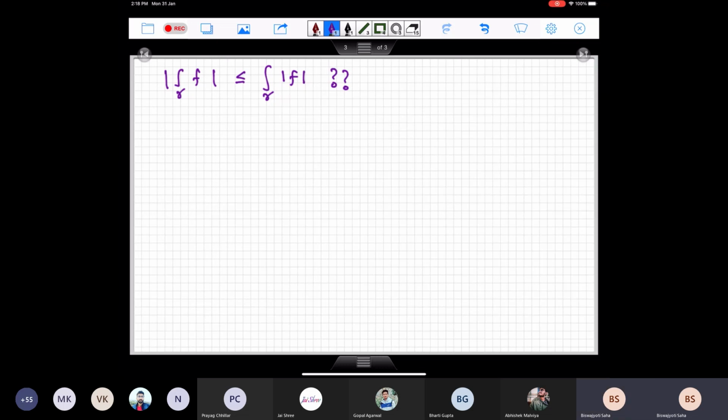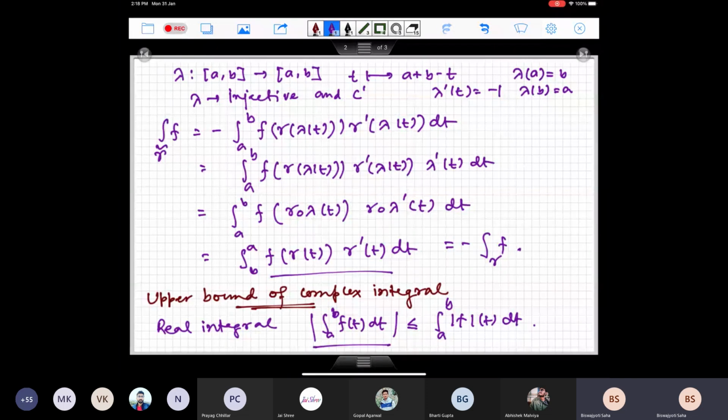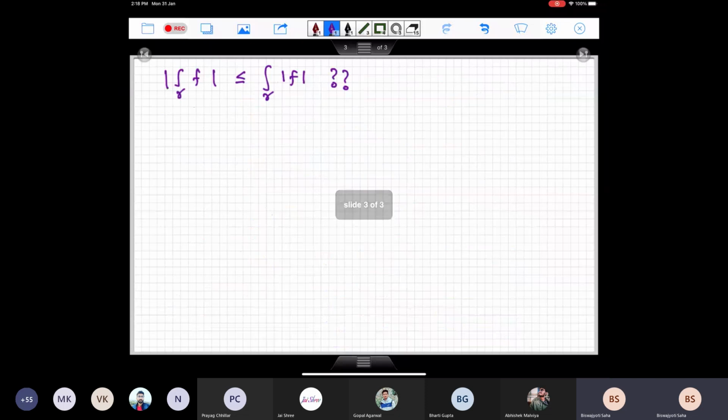What do you think? In case of real, of course, that was the case. We just saw that this integral is less than this thing, where the integral is taken over the function mod of f. Okay, so can I write something like this over here? What do you think? Tell me. No, sir.